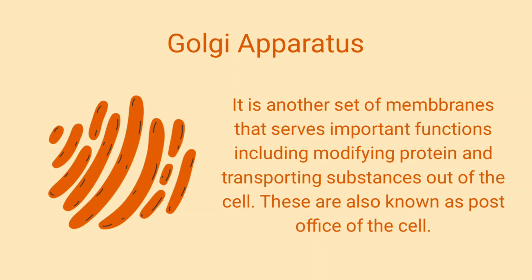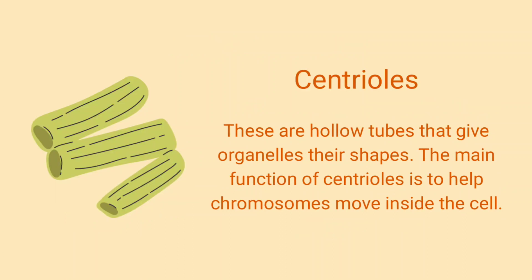Our next cell organelle is the Golgi apparatus. The Golgi apparatus is another set of cell membranes that serves important functions, including modifying protein and transporting substances out of the cell. So these are also known as the post office of the cell. The Golgi apparatus even helps in the production of lysosomes.